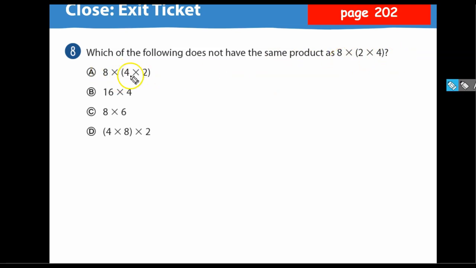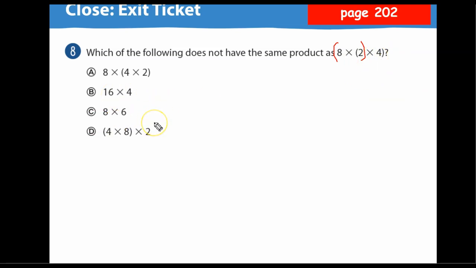And 8 times 8 is 64, so that can't be it. That does have the same product as this. 16 times 4? That means they group this together first to get 16, and then 16 times 4. So that does have the same product as this.